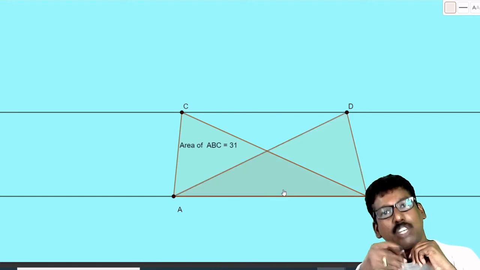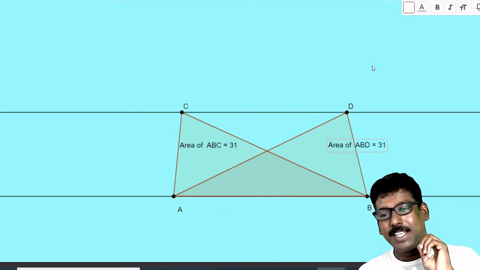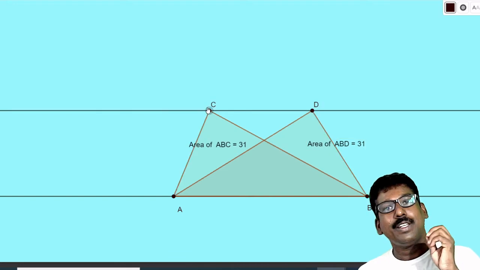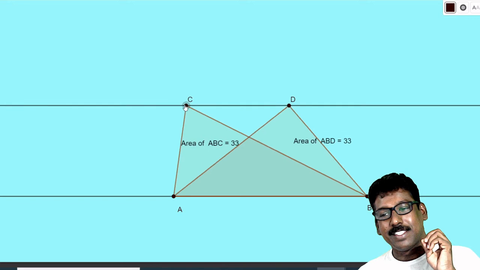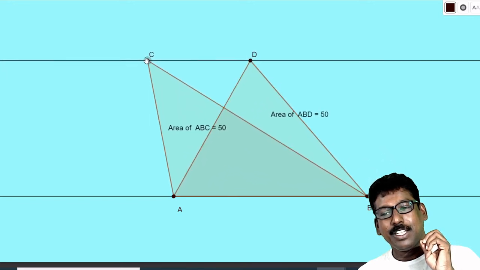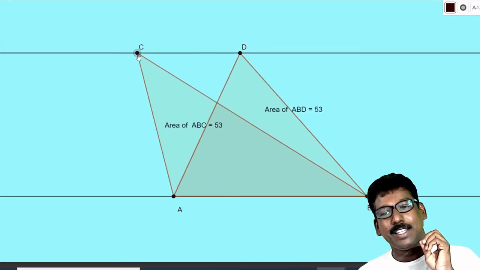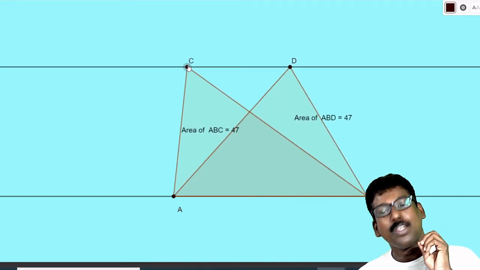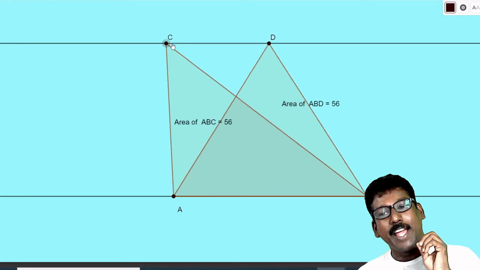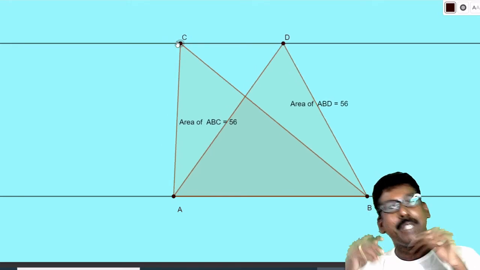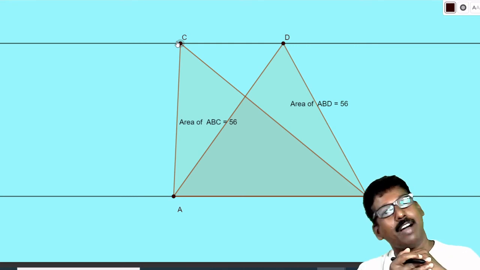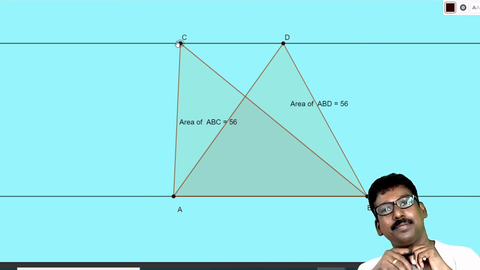Now let me find out its area. Here you can see area of ABD is also 31. Now let me change the size. What you can see, in all the cases its areas are equal. So you can say triangles lying between the same parallels and having the same base are equal in area.